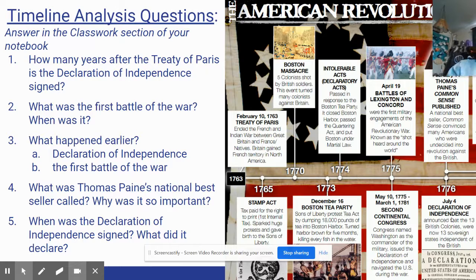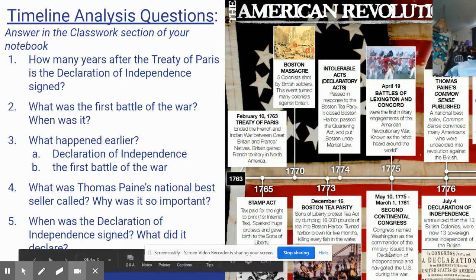Okay, and so forth. Number 2, what was the first battle of the war? When was it? Number 3, what happened earlier? This is kind of you decide, A or B. Did the Declaration of Independence get signed first, or was the first battle of the war before the Declaration was signed? Okay, you can just write down in your notebook A or B. You tell me which one it is. Number 4, what was Thomas Paine's national bestseller called?